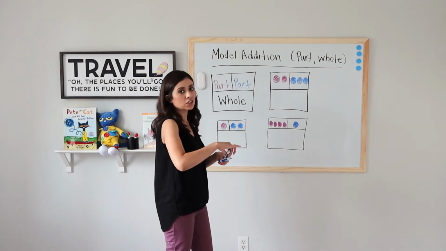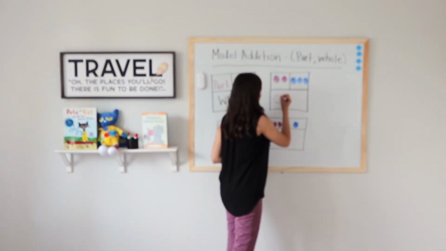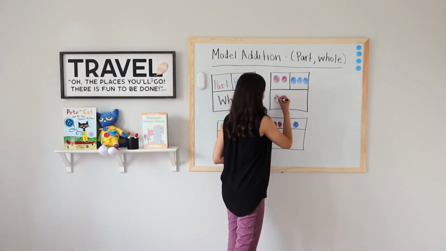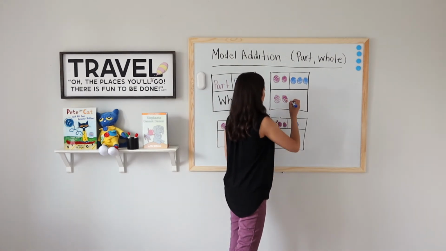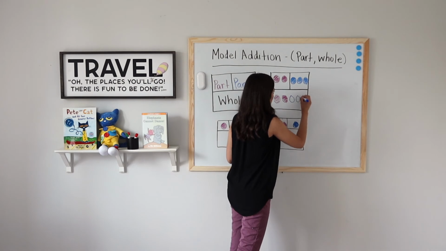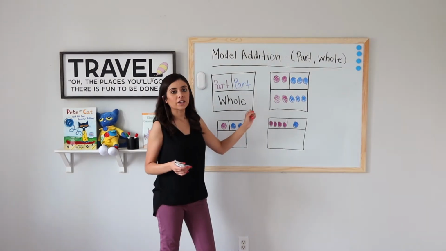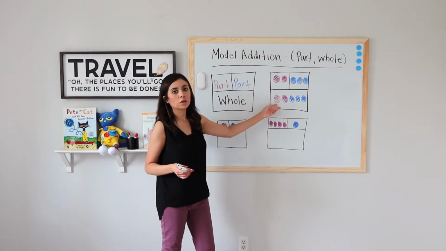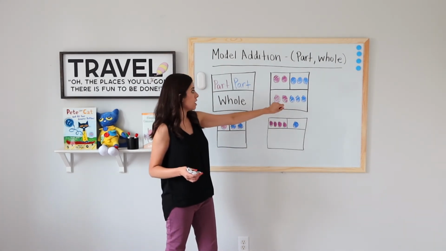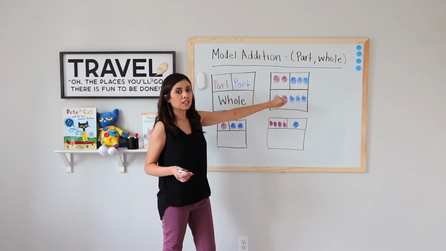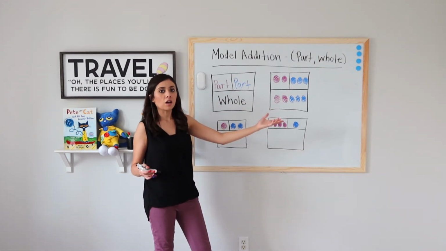So let's go ahead and get started. Okay, now that I have drawn my 2 purple circles and my 3 blue circles together, that is bringing the parts together, and now we can just count them all, okay?